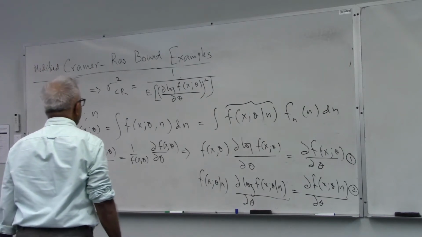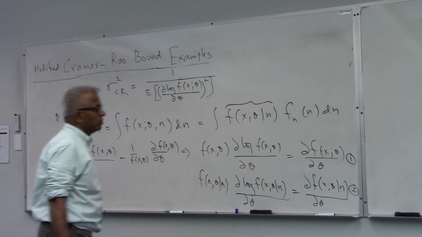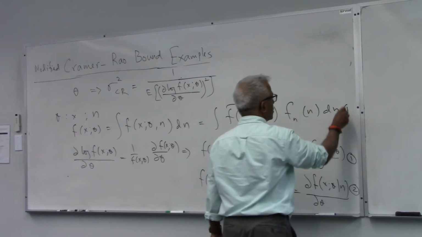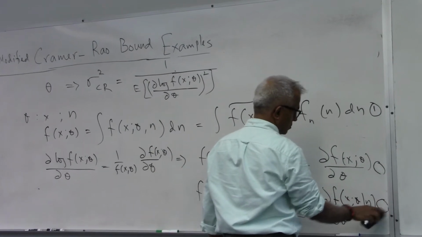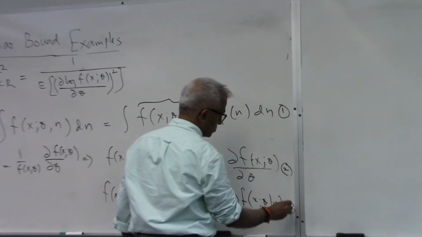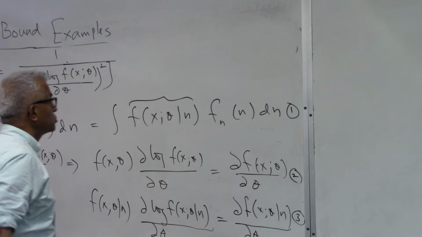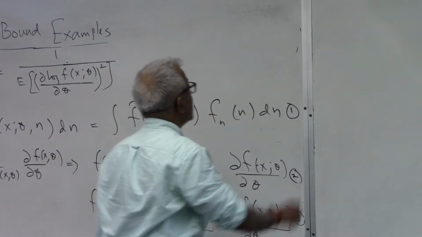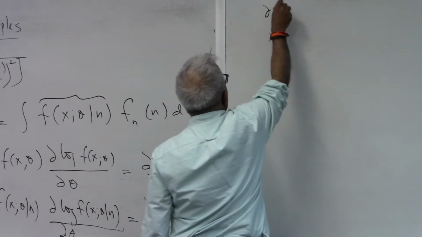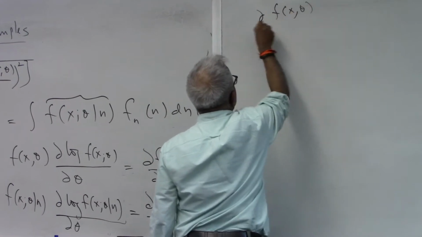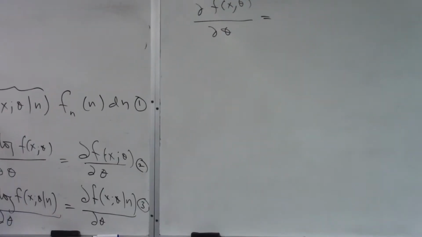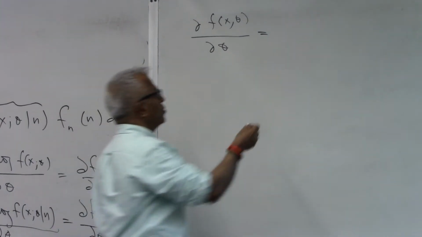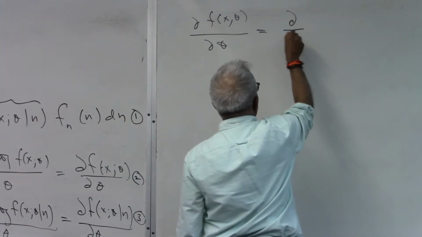Let me call this 1, this is 2, this is 3. If I differentiate the first expression, I get df of x theta d theta, the derivative of this, and I'm going to use the regularity condition here again.